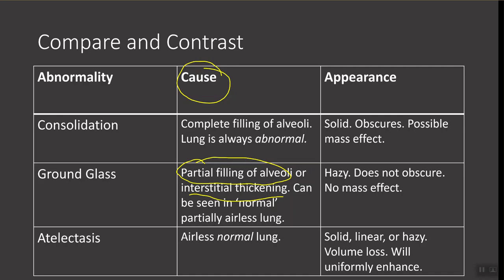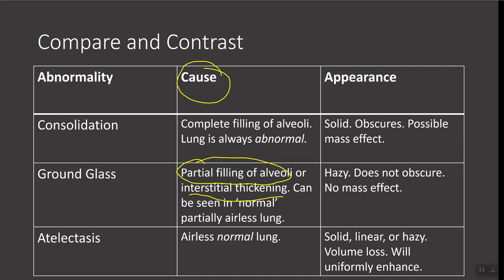In addition, the ground glass opacity could actually represent normal lung, meaning either overperfused lung or incompletely atelectatic lung. And we often see this kind of hazy ground glass opacity at the lung bases when someone is getting a CAT scan, they're laying down, the lung is becoming compressed posteriorly, and it has this ground glass appearance. So consolidation, the lung is always abnormal. Ground glass opacity, the lung is typically abnormal, but it could also be a normal process as well.